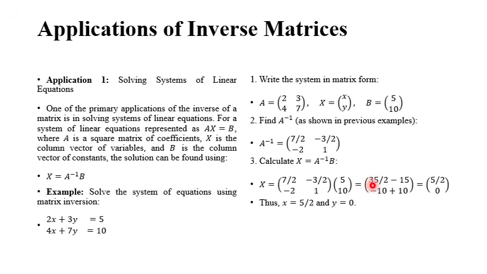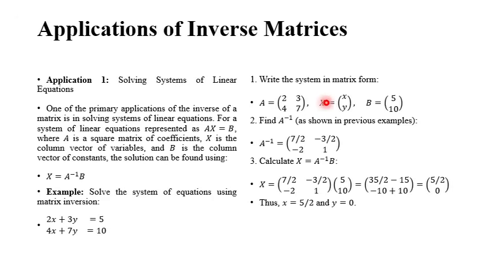When you work on 35 over 2 minus 15, your answer will be 5 over 2. For the second row, it will be 5 times minus 2, which gives you minus 10, and 10 times 1 gives you plus 10. So minus 10 plus 10 gives you 0.